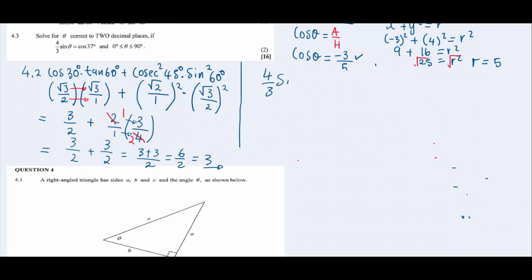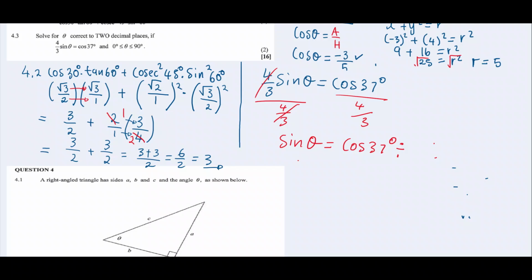So we have 4 over 3 sine theta, which is equal to the cos of 37 degrees. What we can do is just divide both sides by 4 over 3. This cancels that, and then we're left with the sine of theta.